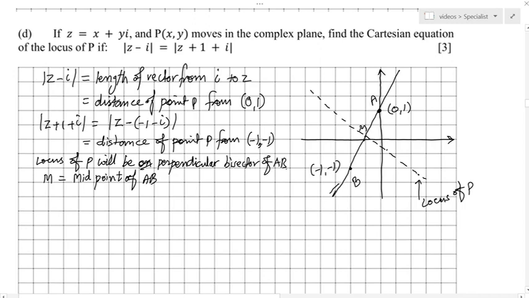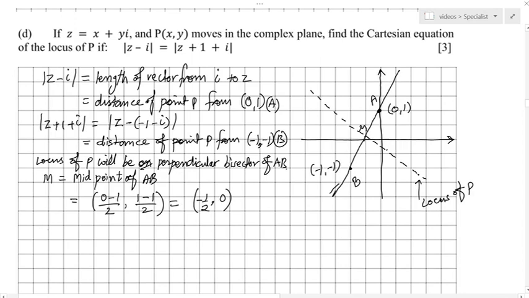We always know how to find a midpoint: you add the coordinates and halve them. The coordinates of the midpoint are (0, minus 1 upon 2) and that gives you minus half, and this gives you 0.